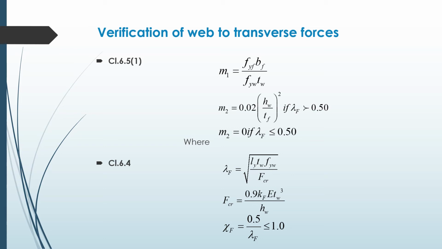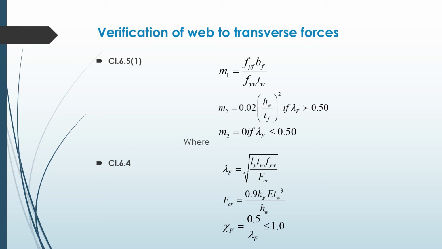Remember that the value of M2 shall depend upon the assumed value of lambda f. As per this clause, M2 shall be calculated as M2 equal to 0.02 into HW by Tf the whole square if lambda f is assumed as greater than 0.5, otherwise it shall be taken as 0.